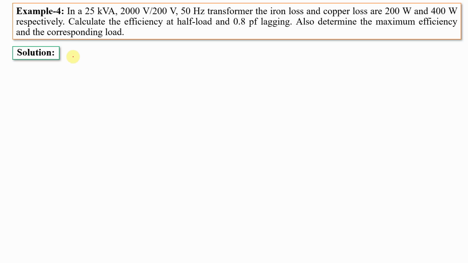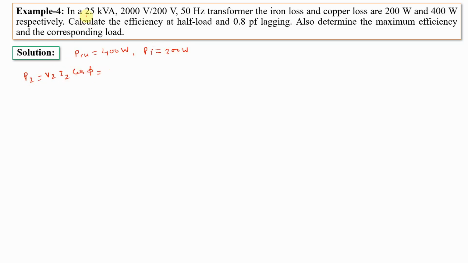In this question, the full load copper loss, that means PCU, is 400 watt, and the iron loss is 200 watt. It is given in the question. Now we know that the rated output power is V2 I2 cos phi.